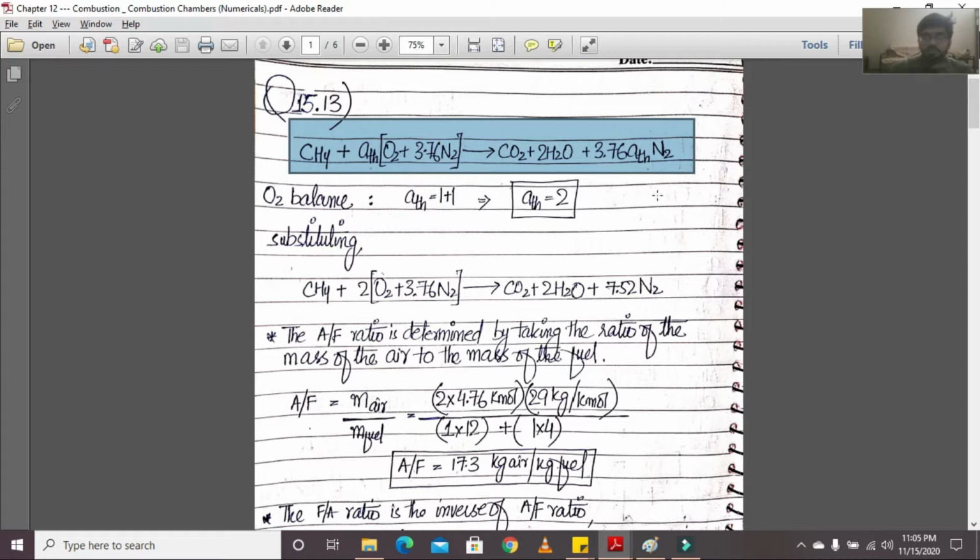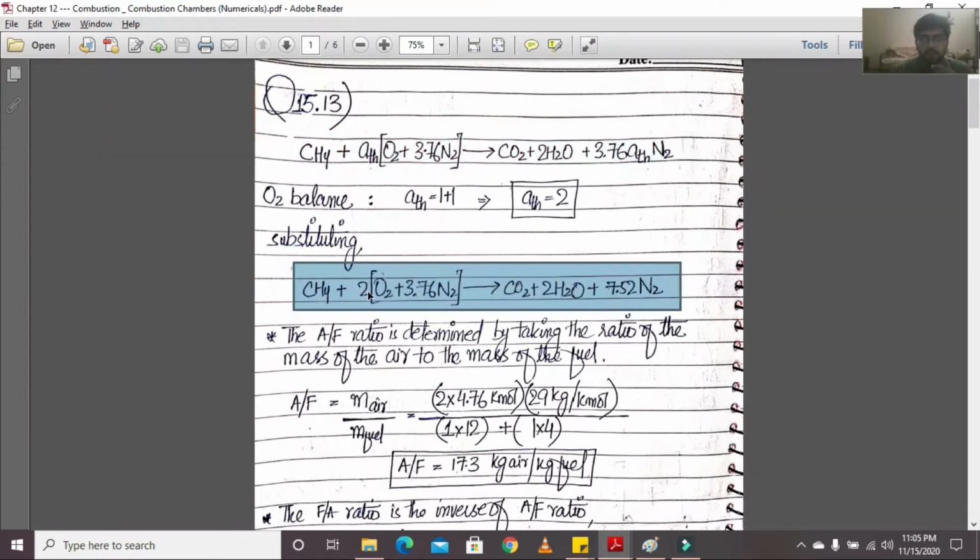Now the equation will become CH4, and instead of writing ATH here, I have mentioned 2. Then O2 plus 3.76 times of nitrogen. Moving forward, I have carbon dioxide and 2 molecules of water vapor. Then I had 3.76 times of ATH.